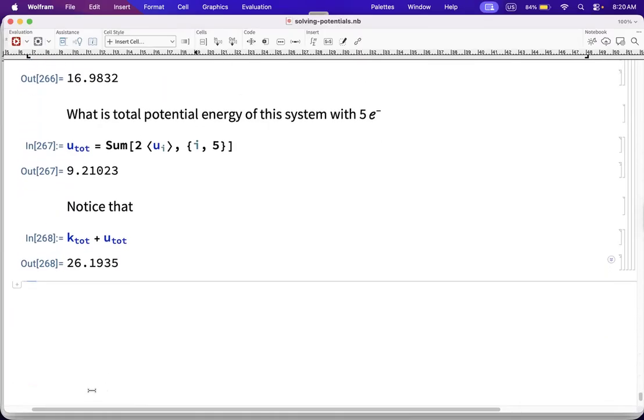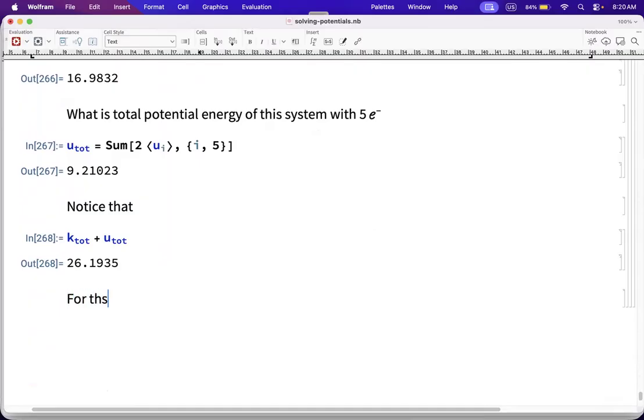Now we are going to add something extra, please. It says that for this molecule with 10 electrons, A. What is the HOMO?